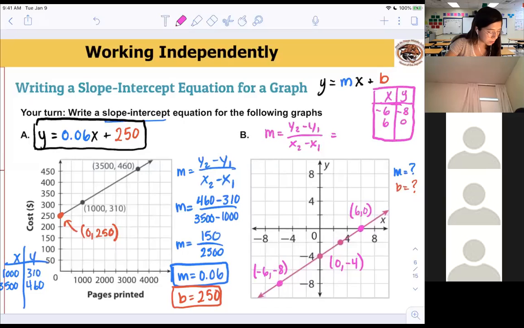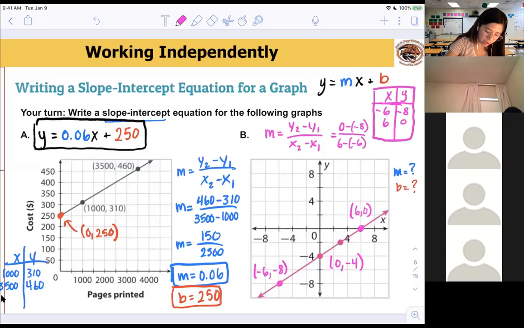What's my y2? 0. So I have 0 minus -8 over 6 minus -6. All those double negatives, what do they turn into? Addition.